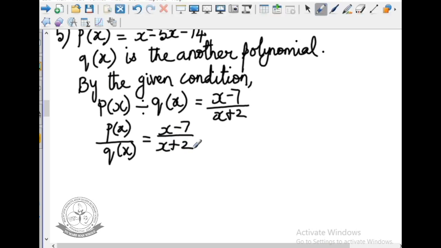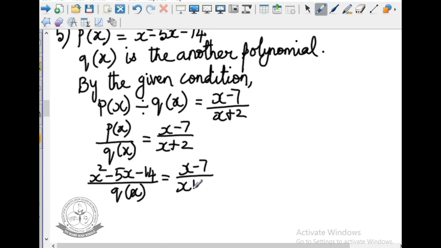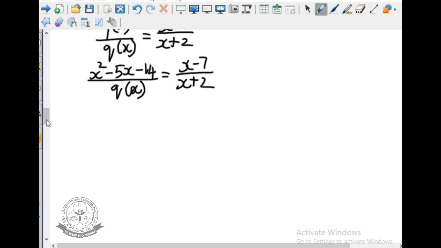P of x polynomial is given as x square minus 5x minus 14 divided by Q of x, that is equal to x minus 7 divided by x plus 2. Now, you have to factorize the polynomial P of x. The product is minus 14, the sum is minus 5.